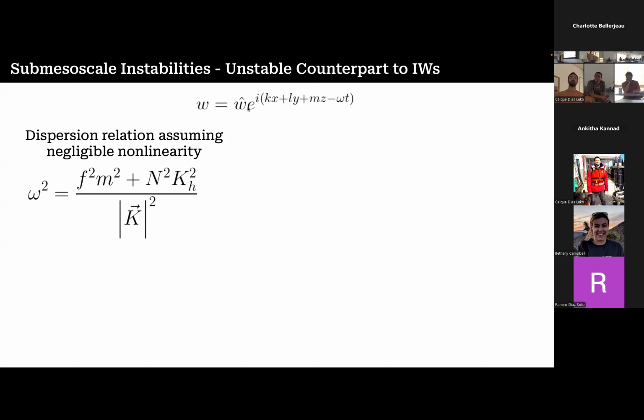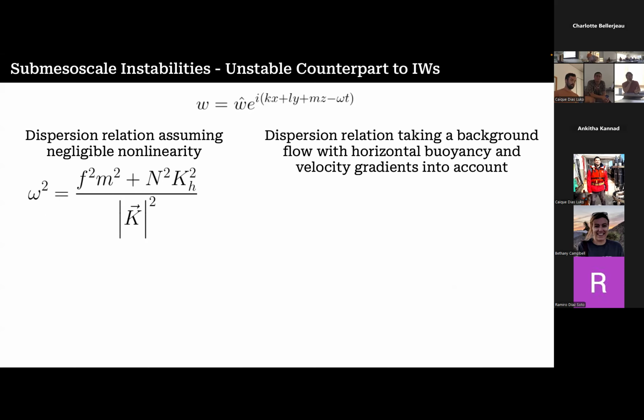There's only one case where you could get a negative value, leading to imaginary omega and an instability. Does anyone know which scenario that is? Buoyancy frequency is less than 1. Exactly. If your N squared is negative and it makes your omega squared negative, then you have the gravitational instability that Ankitha told us about.